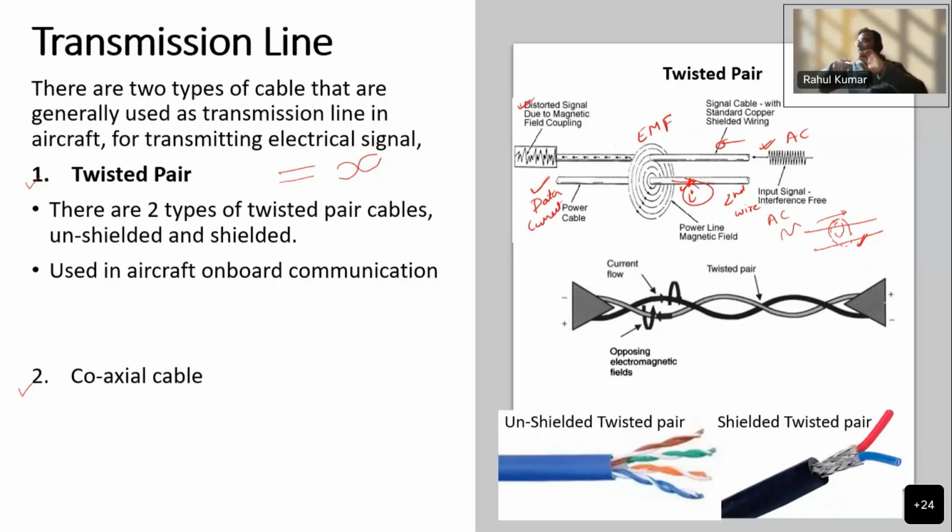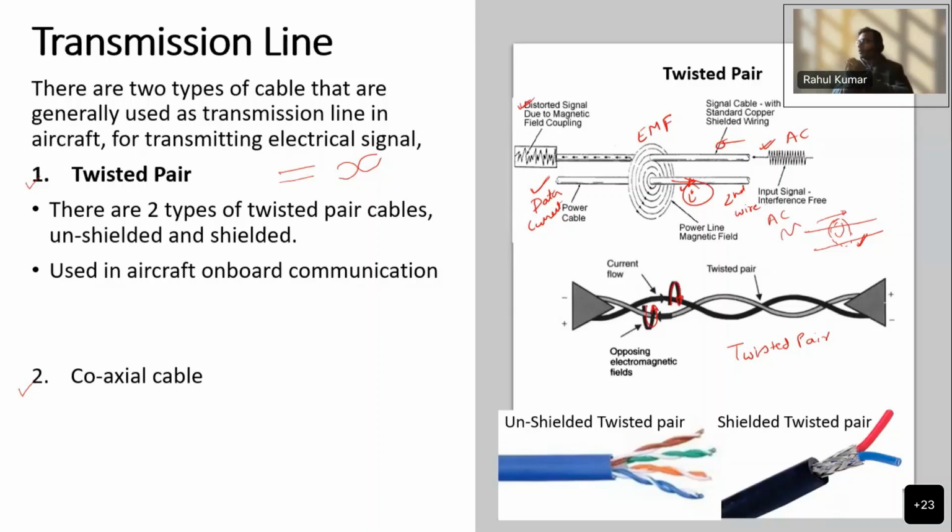Now if you twist them, in the case of twisted pair, you will have electromagnetic interference in opposing directions. In the two wires, one electromagnetic field will be in clockwise direction and another one in anti-clockwise direction, and they will ultimately cancel each other.